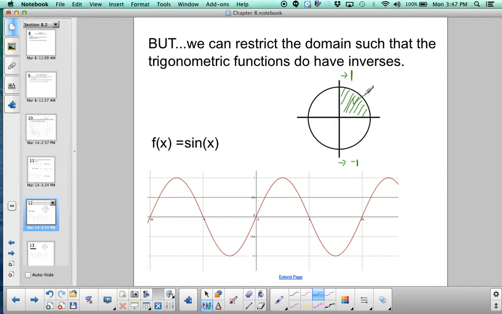Let's just look for one wave here. We have 2 intersections, and so what we're going to need to do is restrict that domain such that we have only one intersection there. So that means that I want this one to be gone.